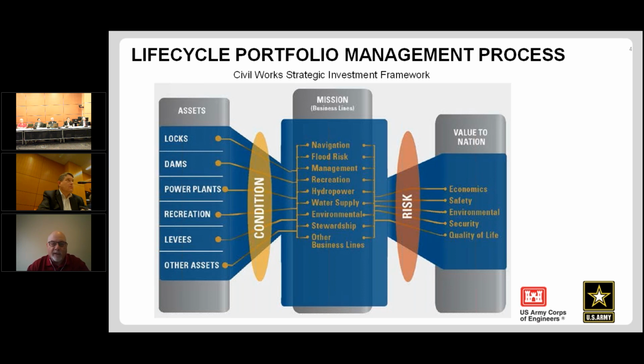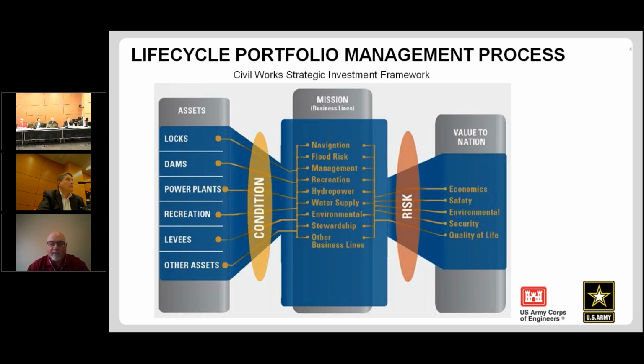This is a graphic display of how maintenance management fits within the whole Corps mission. You have our assets listed on the left, which go from locks, dams, to power plants. Then their condition affects our mission, which is pretty much divided into business lines across the Corps.